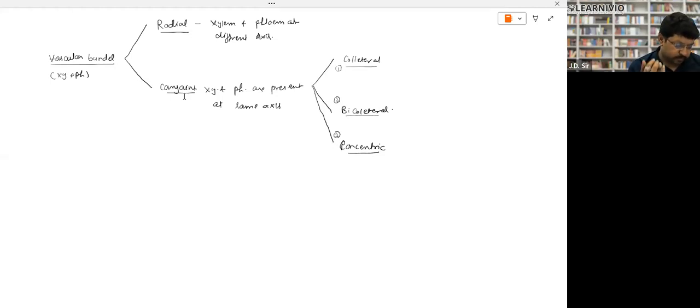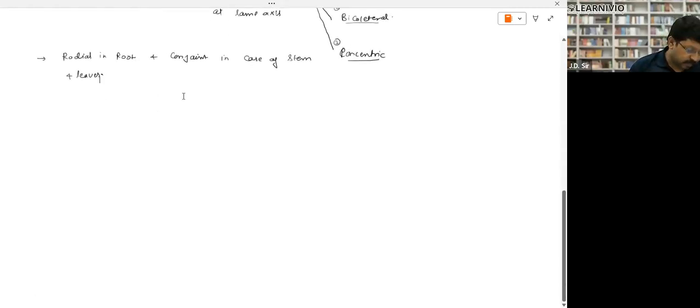They are radial in root and conjoint, that is very important, conjoint in case of stem and leaves.